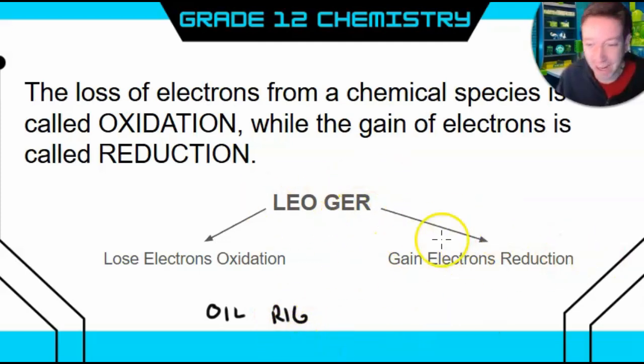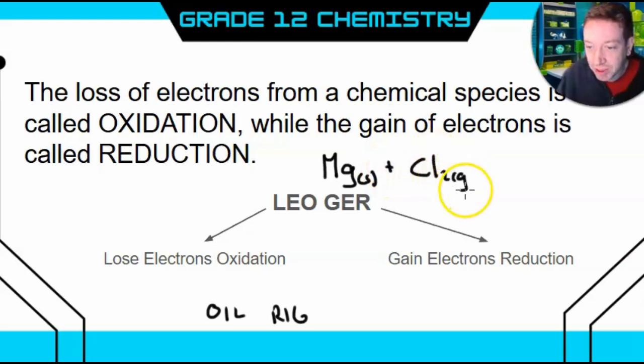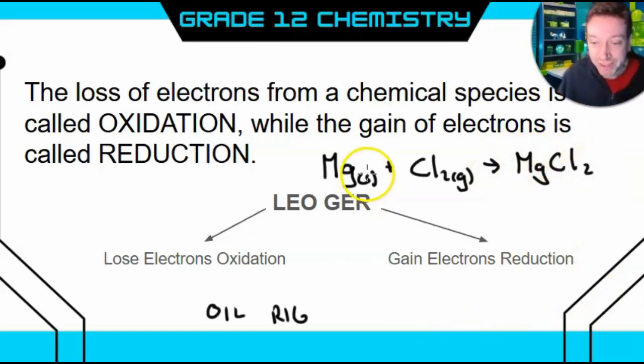So let's look at an example of this. Let's take a very simple one. Let's say we have magnesium plus chlorine, and they're going to combine to give us magnesium chloride. Initially, the charge on magnesium is 0, and the charge on chlorine is also 0.